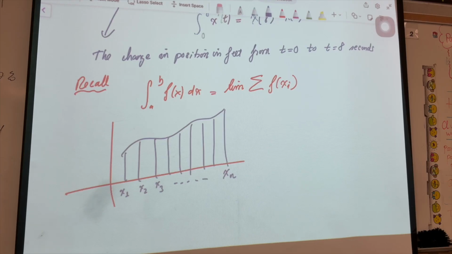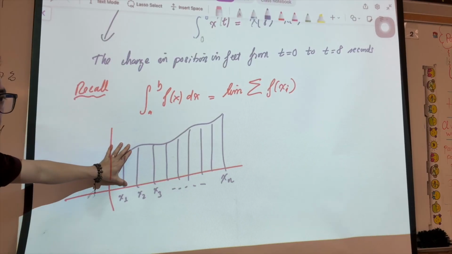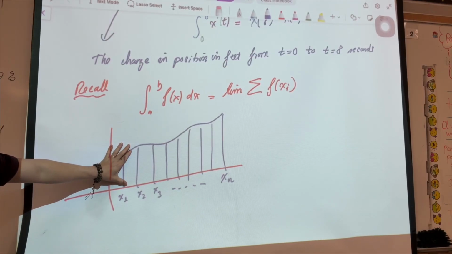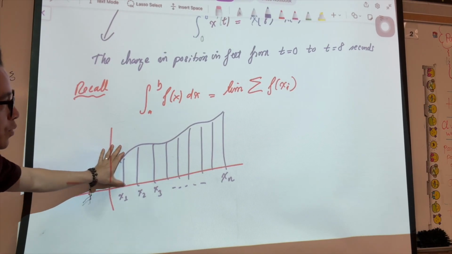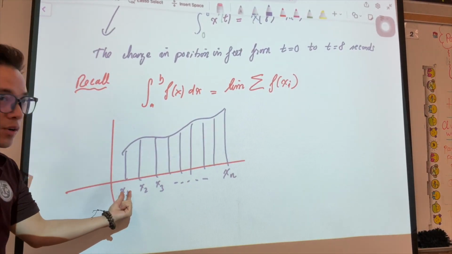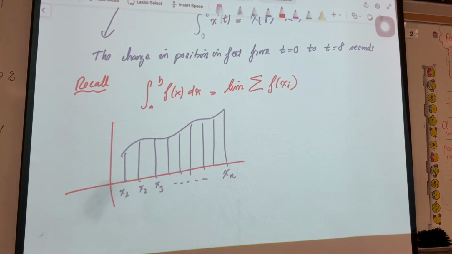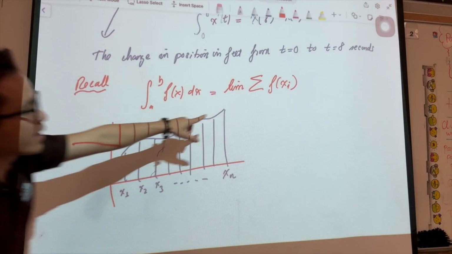So if I give you a rectangle, how do you find the area of this? Base times height, length times width, right? The length is going to be the function f of xi. Okay, let me write the whole thing, because I want you to come up with that by yourself so you can remember. Where am I going from?